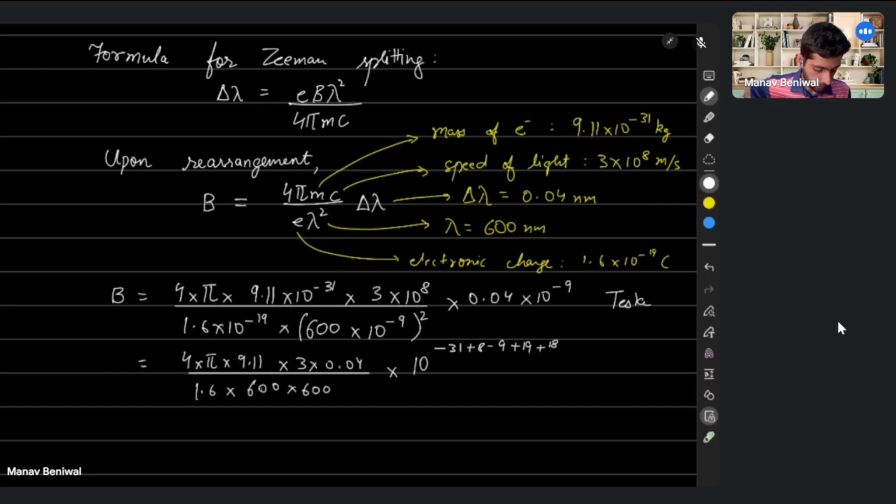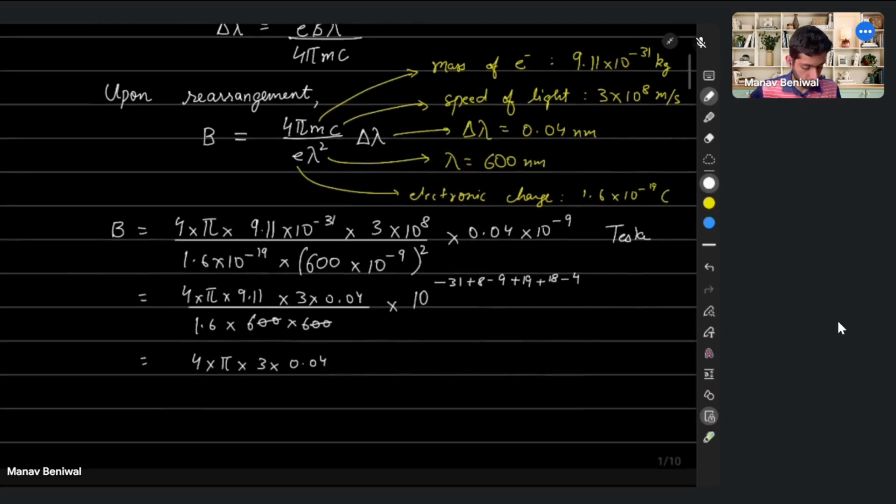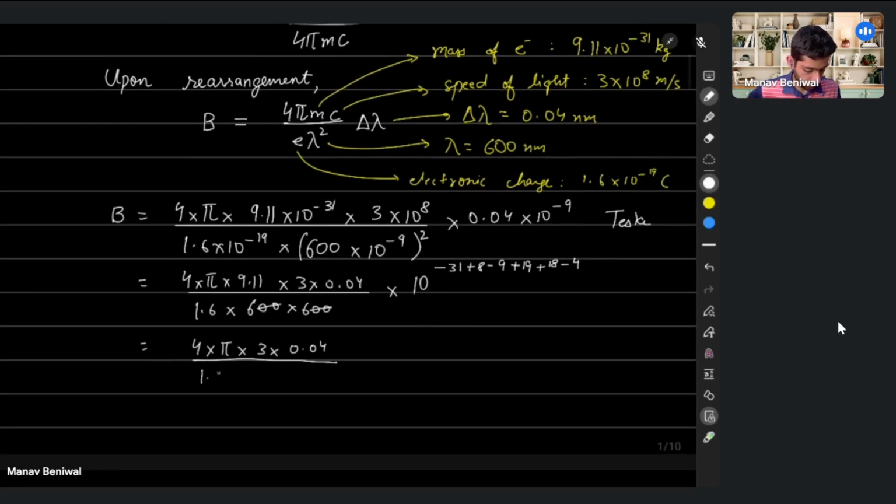Again we can cancel out these two zeros. So this is 10 to the power 4, so here we will have minus 4. Then this is minus 32 minus 36, so basically 10 to the 1. Then this becomes 4 into pi into 3 into 0.04 divided by 1.6 into 3.6.